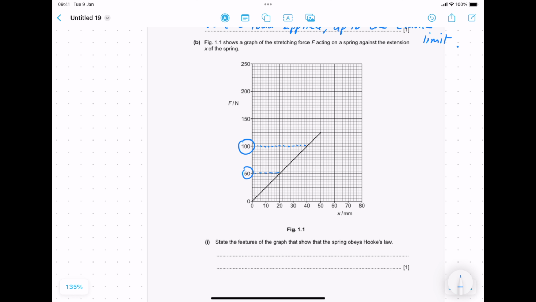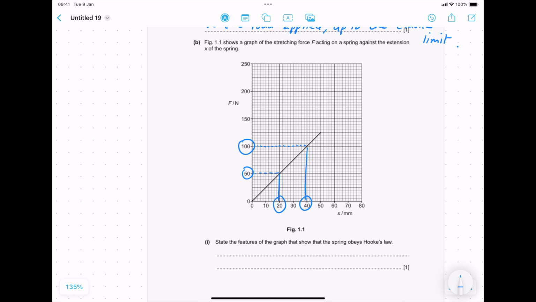To turn mass into weight, you times it by the force of gravity, which is 9.8 newtons per kilogram, sometimes rounded to 10. So we've doubled the weight from 50 to 100, and you can see the extension of the spring has gone from 20 up to 40.